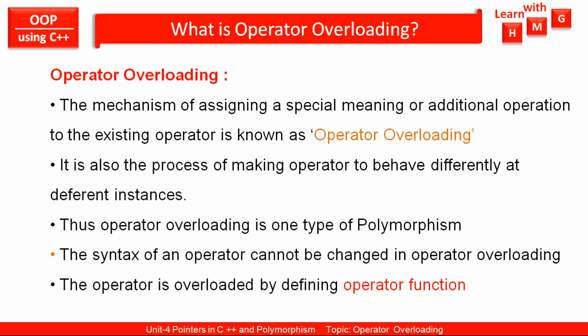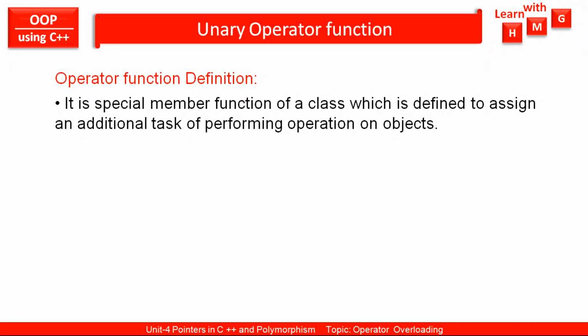For that we will require a special function known as an operator function. The operator is overloaded by defining an operator function. The operator function definition is a special member function of a class which is defined to assign the additional task of performing an operation on objects.